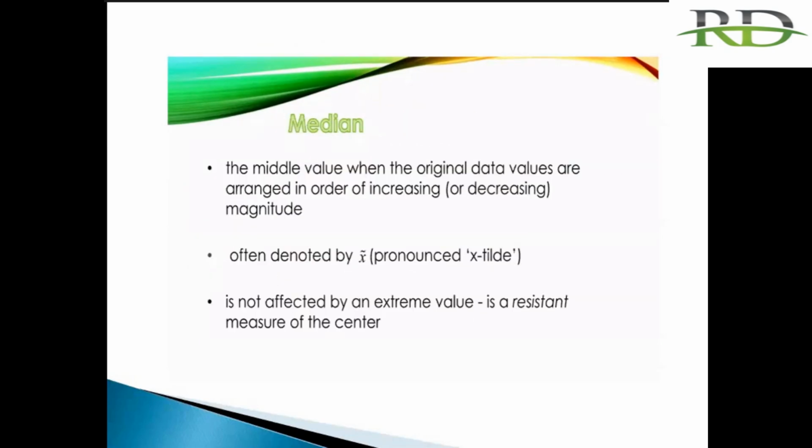Now come to median. See, the geometric mean and harmonic mean are used for skewed data, and basically they are used for the calculation of rates and ratios.